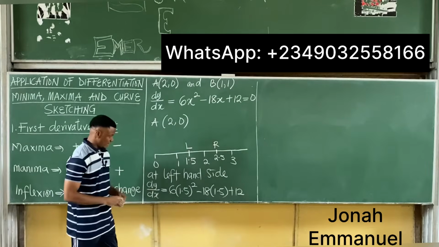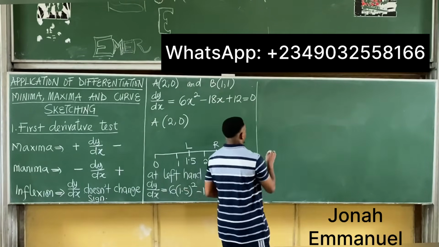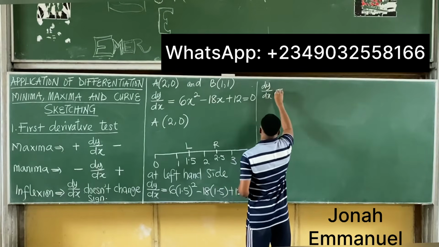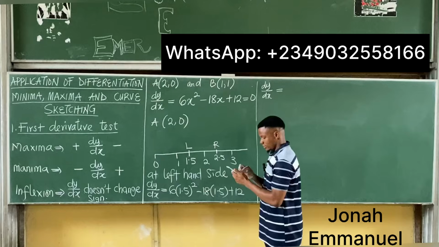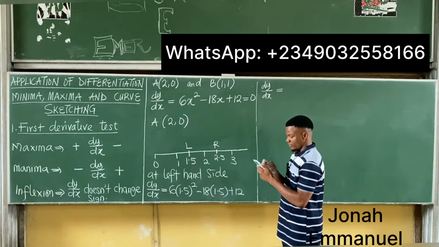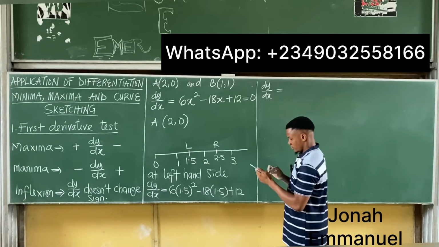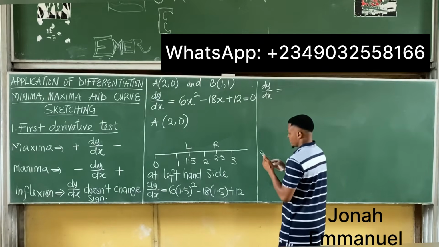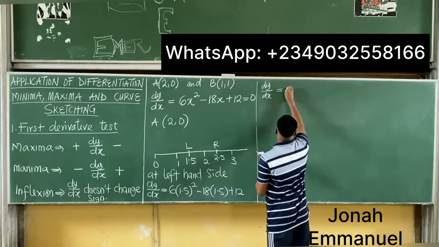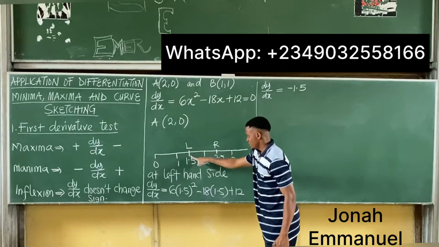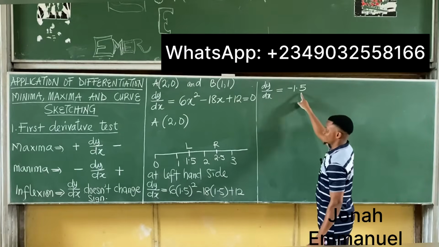Let's punch this value and see what we get. That's minus 1.5. So observe that at the left-hand side, dy over dx is negative.